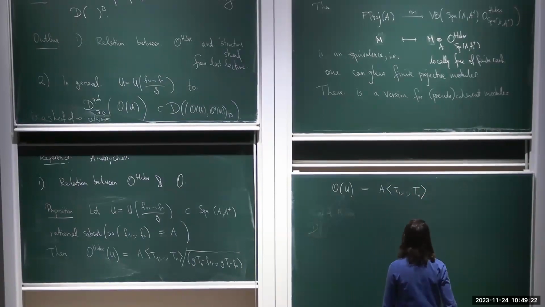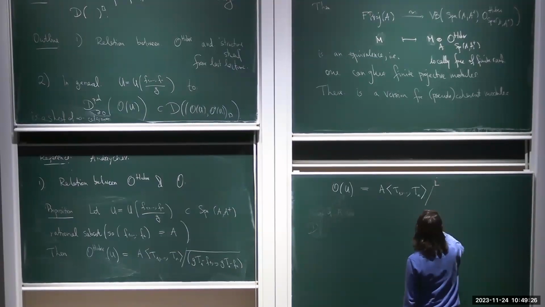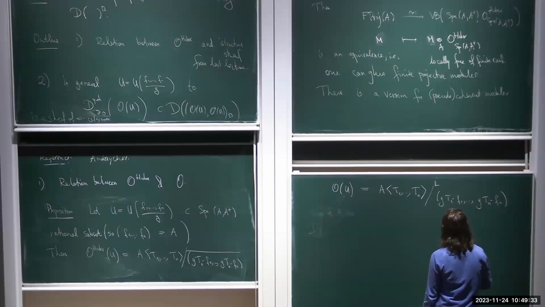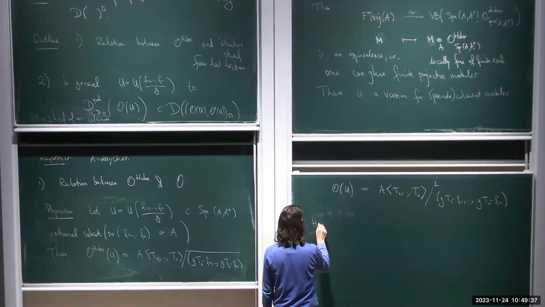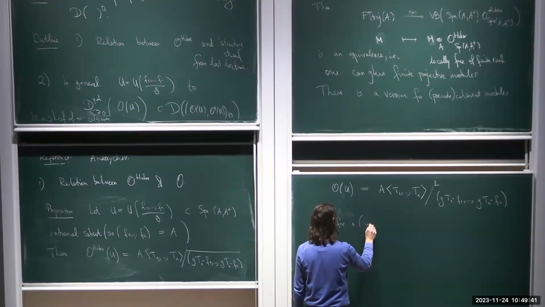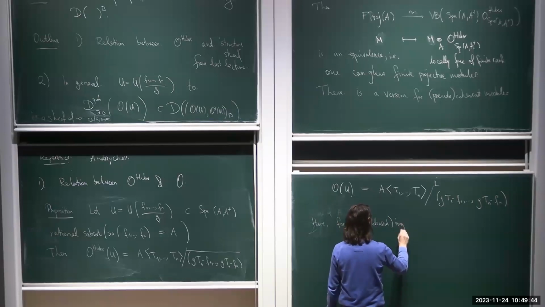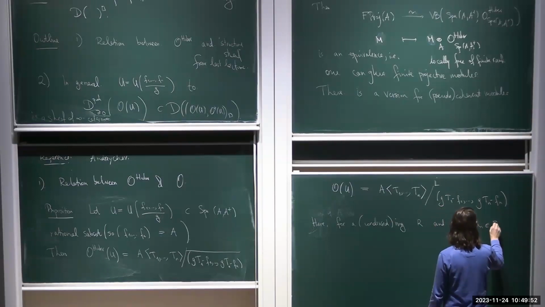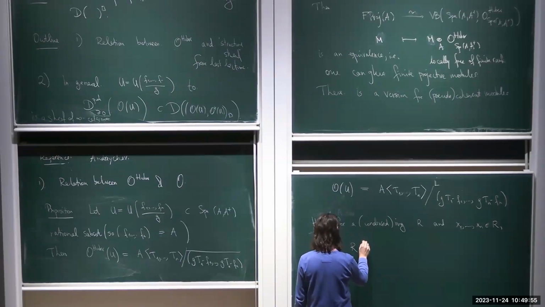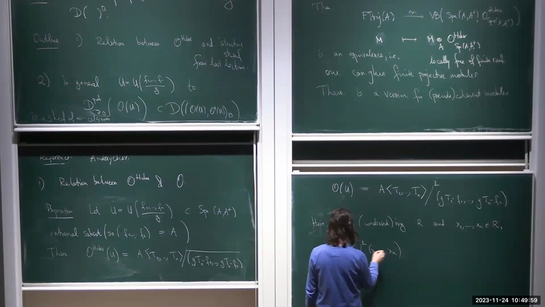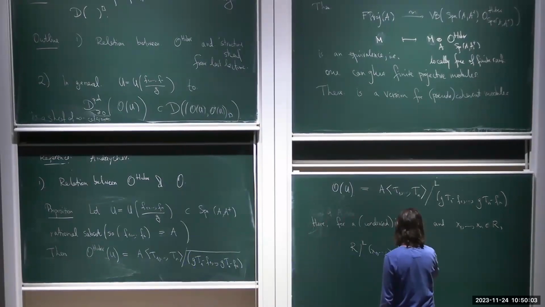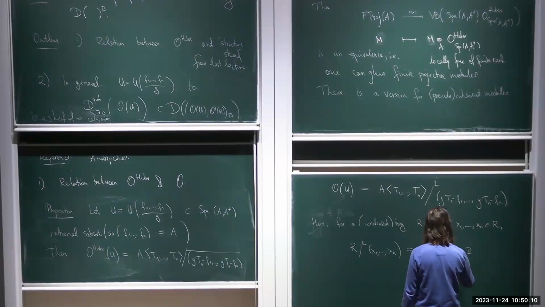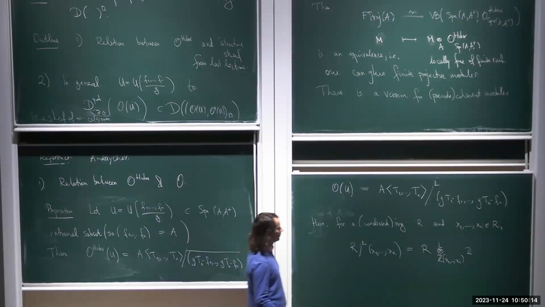You want T1 through Tn, but then take the derived quotient, where here, for a condensed ring R and elements x1 through xn in R, this derived quotient signifies the derived base change from a polynomial algebra, modded out by all the variables xi.